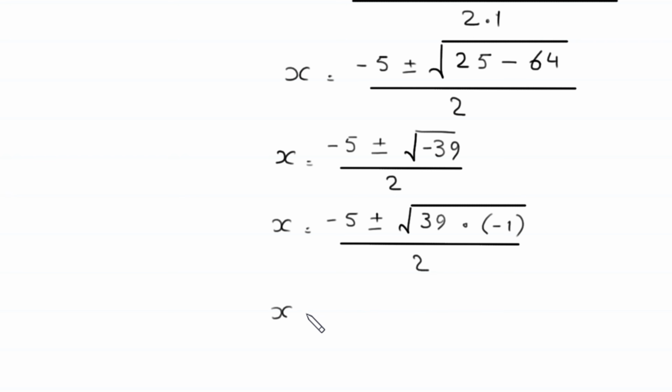Next x is equal to negative 5 plus minus, this square root of 39 times negative 1 can be written as square root of 39 times square root of negative 1, divided by 2.